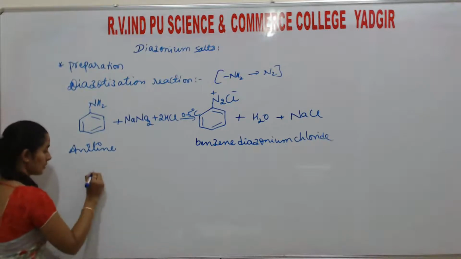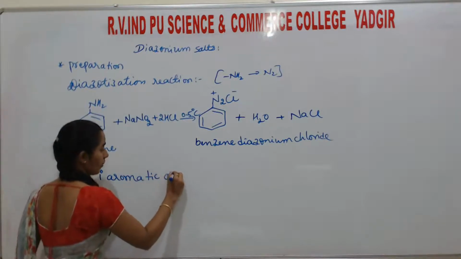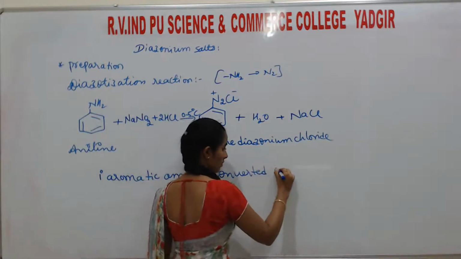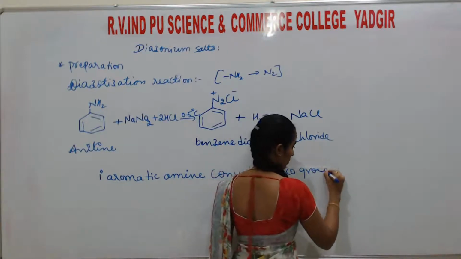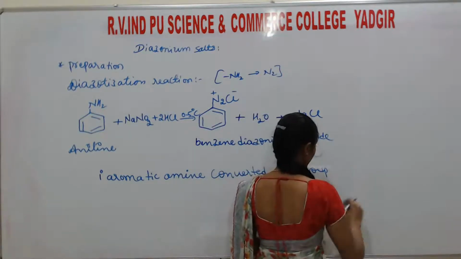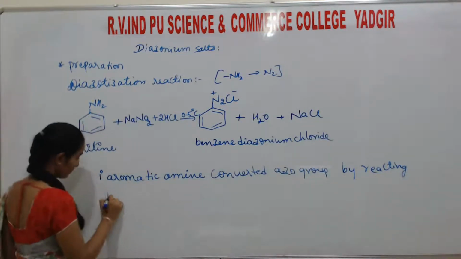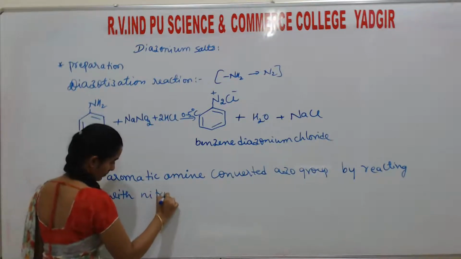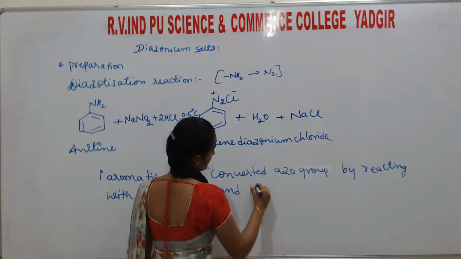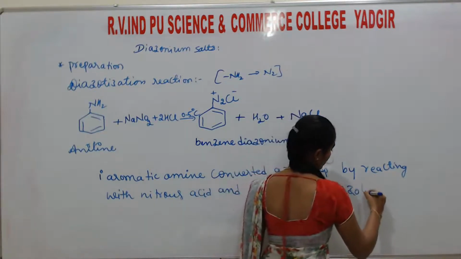So the definition for the diazotization reaction: primary aromatic amine converted to azo group by reacting with nitrous acid and HCl is called diazotization.